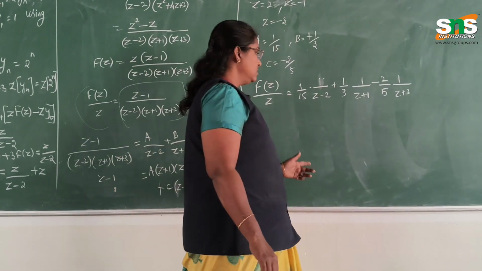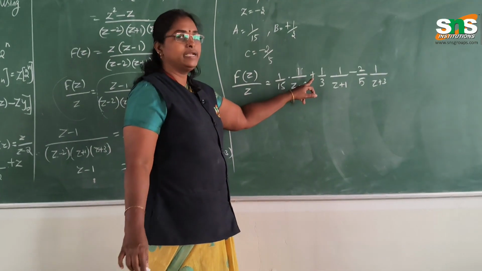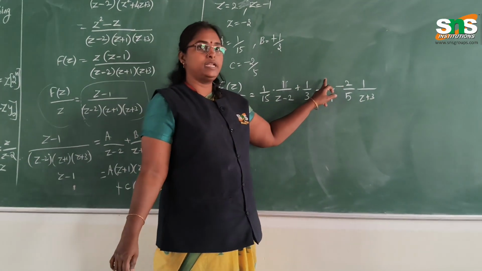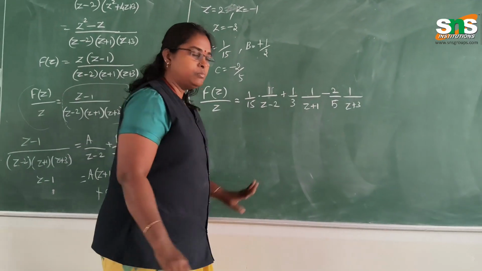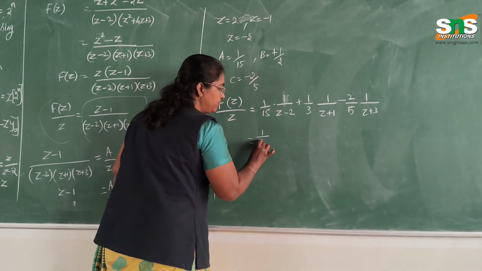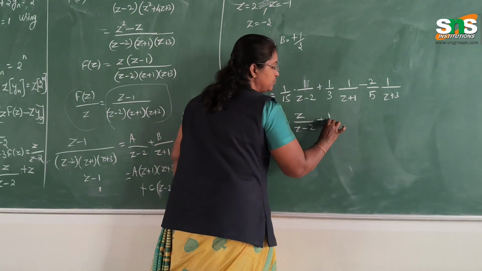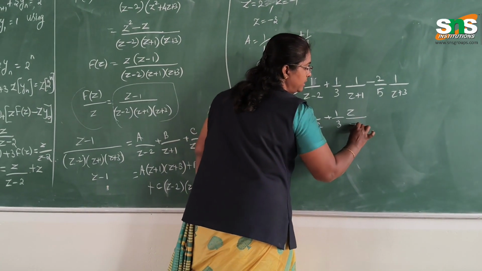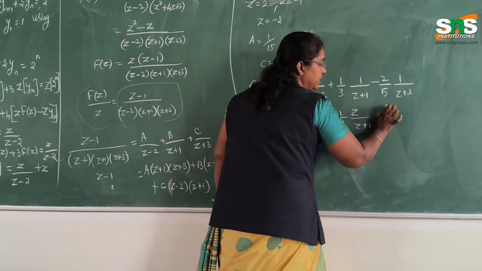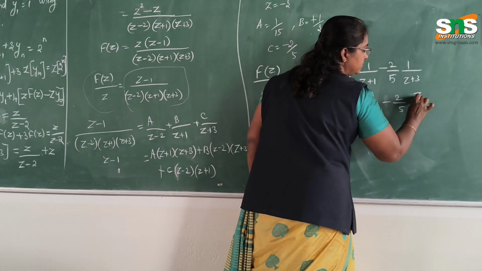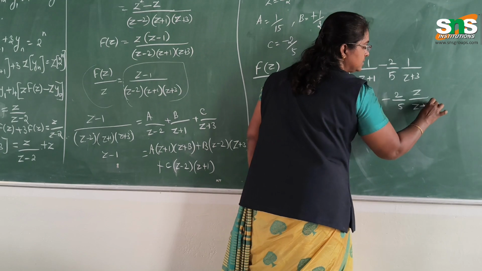After this, I am taking this z to the right side, so each and every time we multiply by z. First term is z, second term is z, third term is z. We multiply, so we will get 1 by 15 z divided by z minus 2, plus 1 by 3 z divided by z plus 1, minus 2 by 5 z divided by z plus 3.